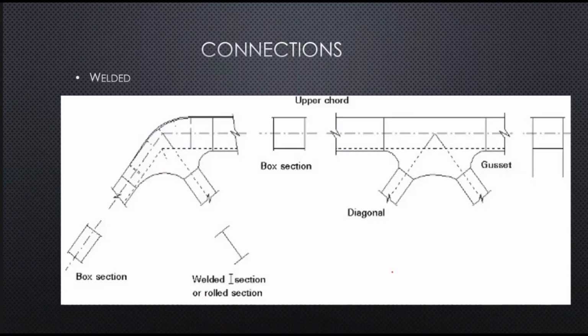Connections are very important, and this is the welded connection. You can see here there is a small transition given. This is to avoid stress concentrations. What happens if you have, let's say, I'll show you a simple tension member.